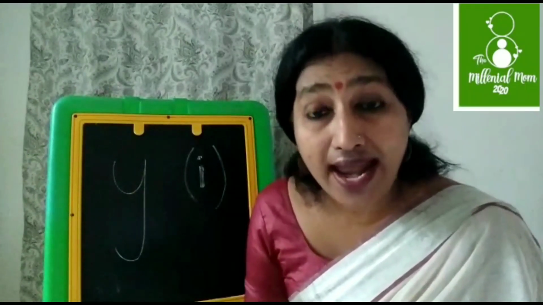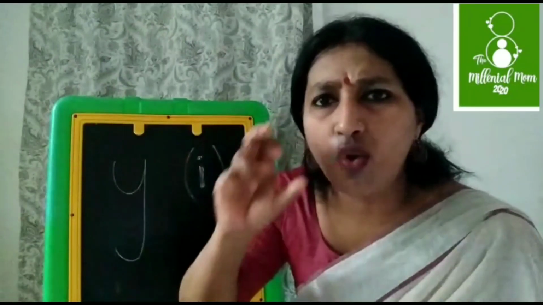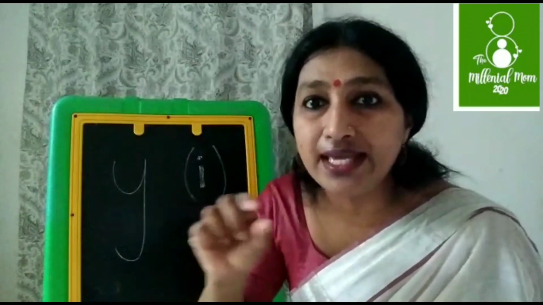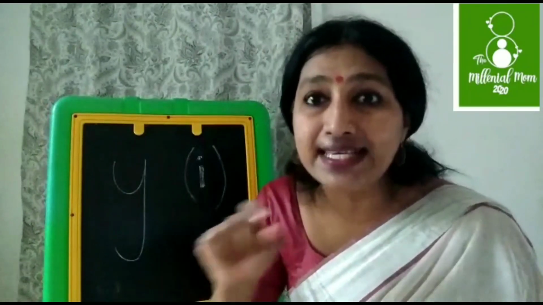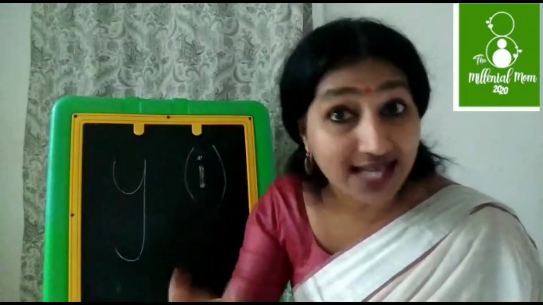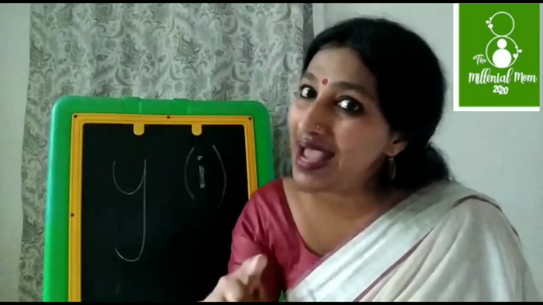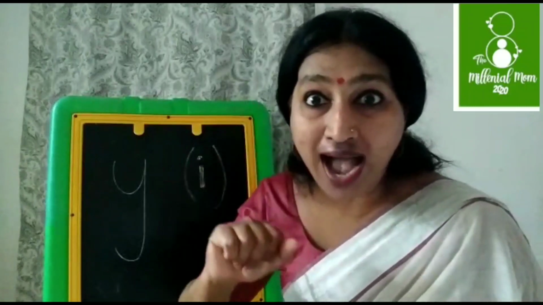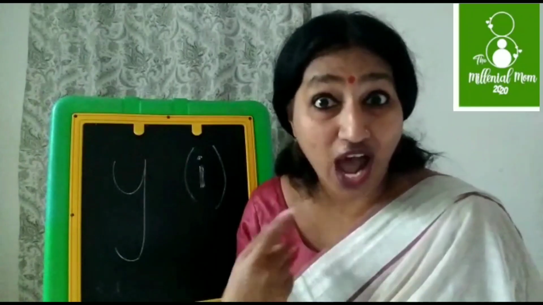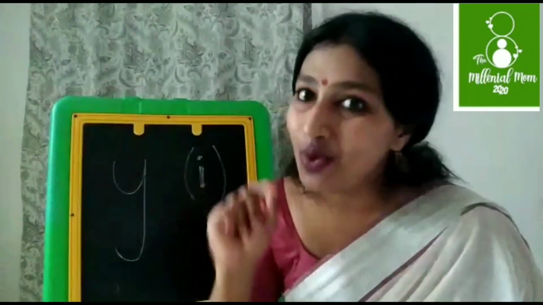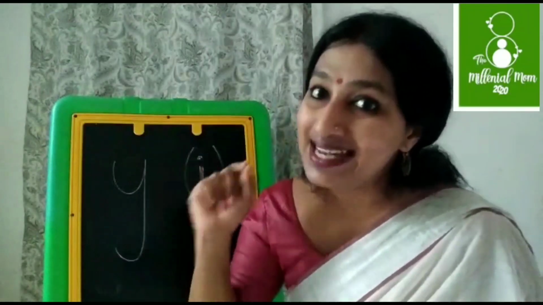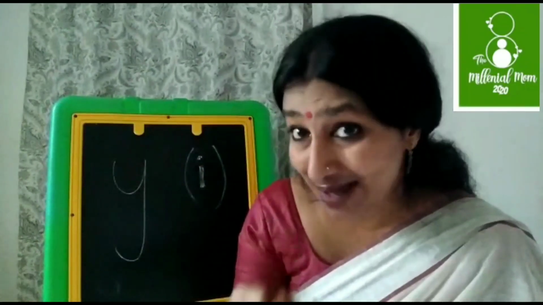Then we saw Y taking the sound of the short vowel I: E. Happy, pretty, lady, city, E. So E is another sound of Y. Then we saw Y taking the long vowel sound of I: sky, try, buy, fry, I. So now we know Y has three different sounds, and those are y, E and I. So that is why I call Y a chameleon in the letter world.